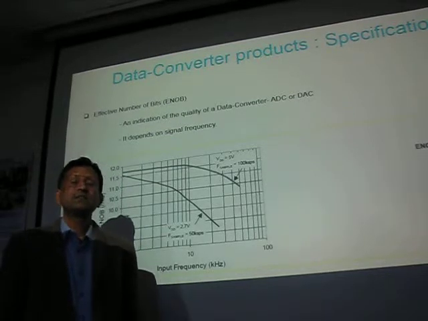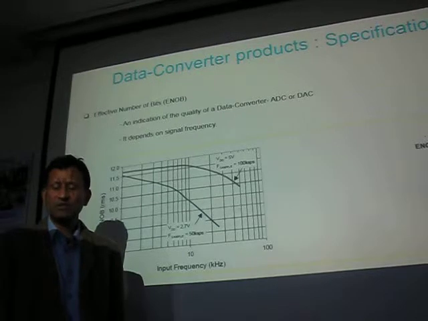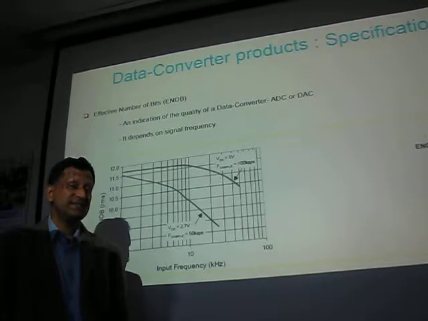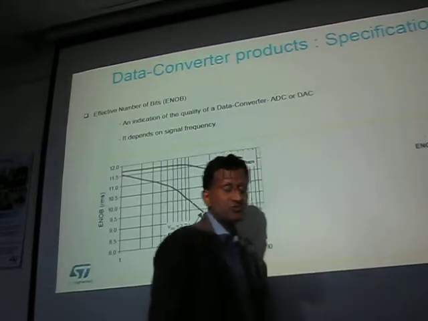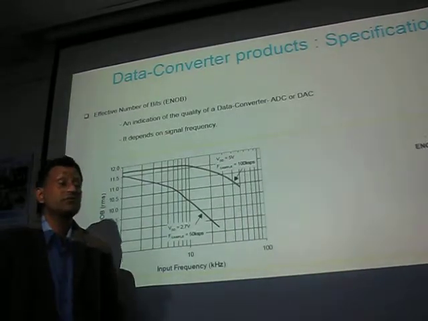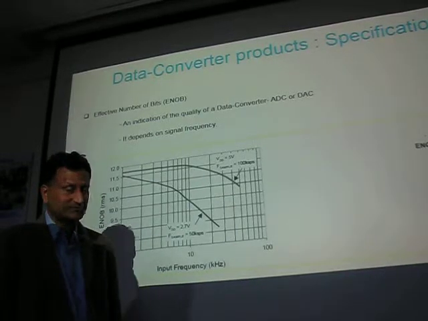Effective number of bits is another way to represent the SNDR. The formula ENOB is equal to SNDR minus 1.76 divided by 6.02, obtained by solving mathematical equations and expressions.